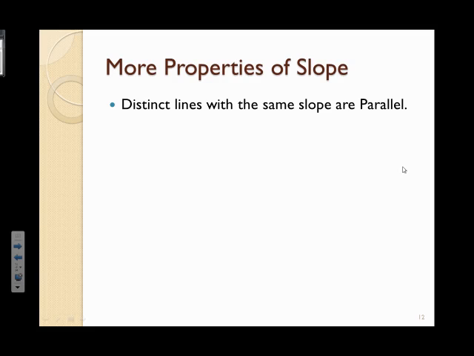So if you had one line going like this, and another line that's not that same line, it's distinctly separate, it has the same slope, we realize it has to go up at the same rate, so they would have to be parallel. It's a simple thing to remember: if two lines are parallel, they will have the same slope.